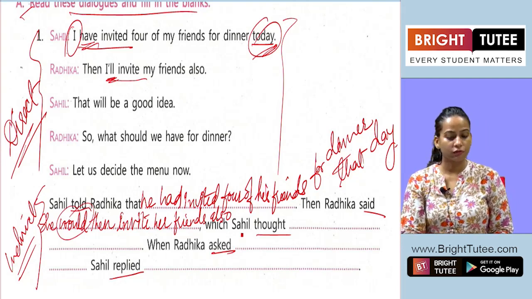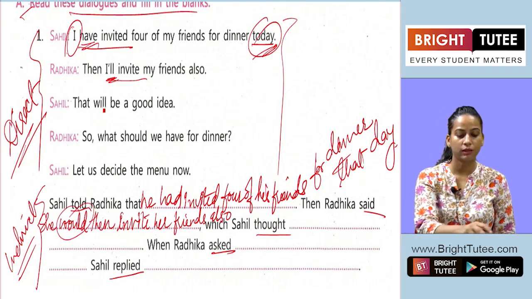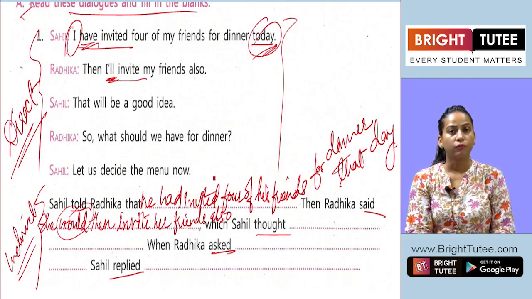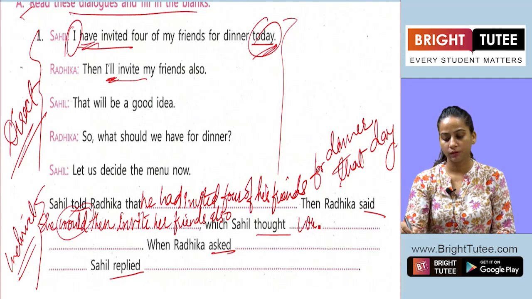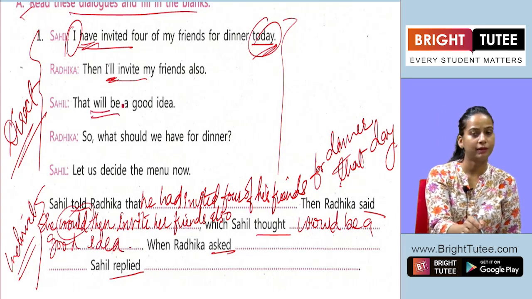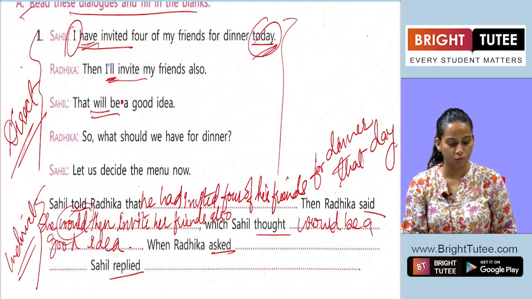Next, Sahil thought that will be a good idea, we have to change it. Sahil thought would be a good idea, because that simply is going to change into would.